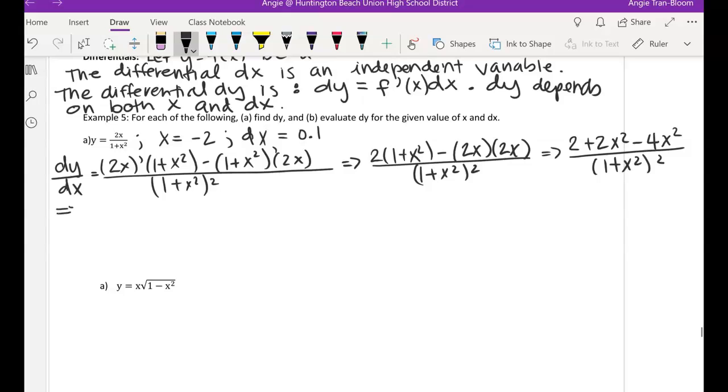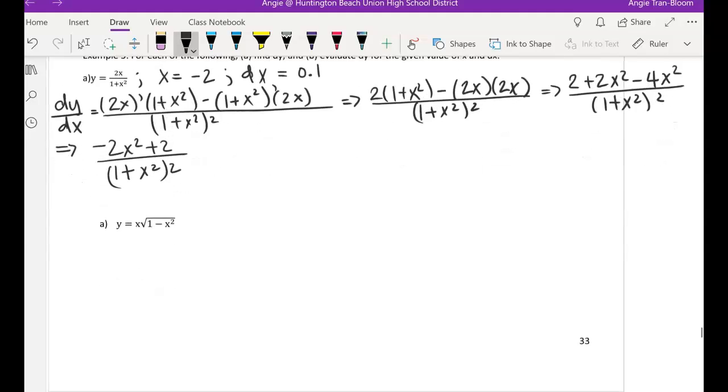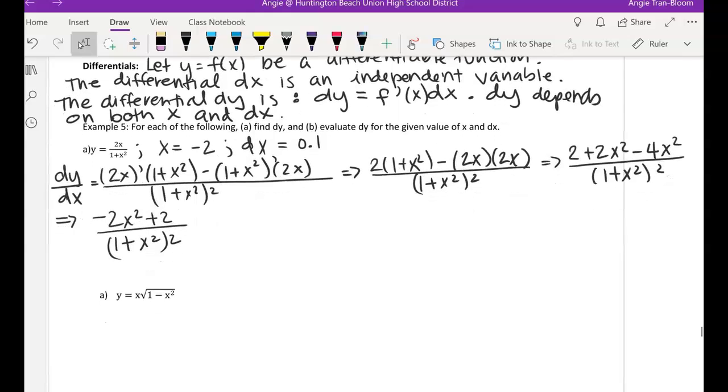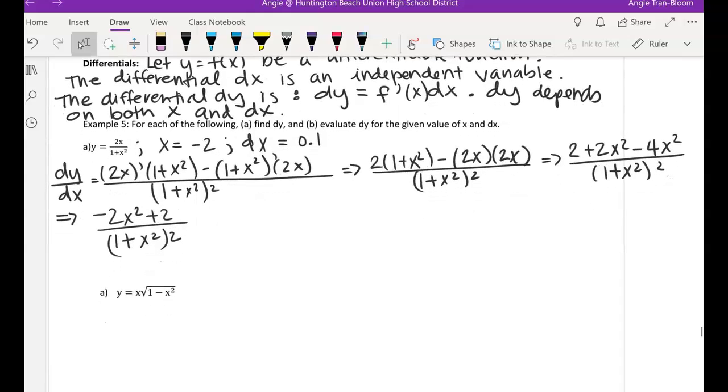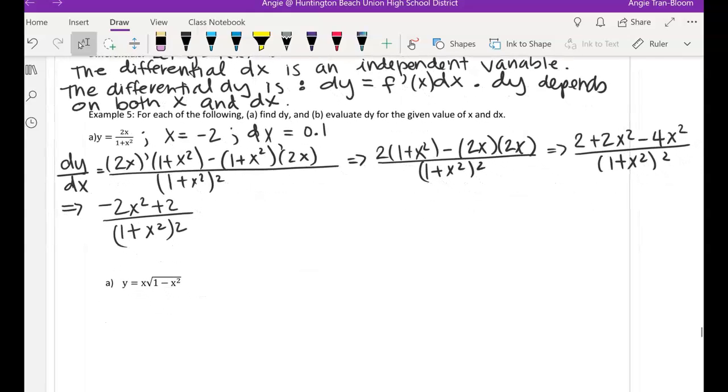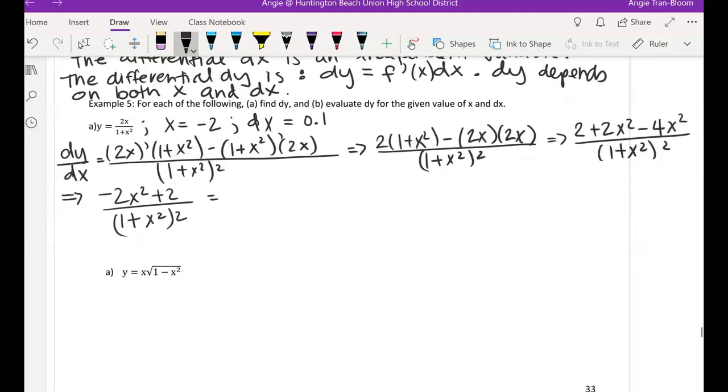That will give me negative 2x squared plus 2 all over 1 plus x squared. Now, this equals dy over dx.